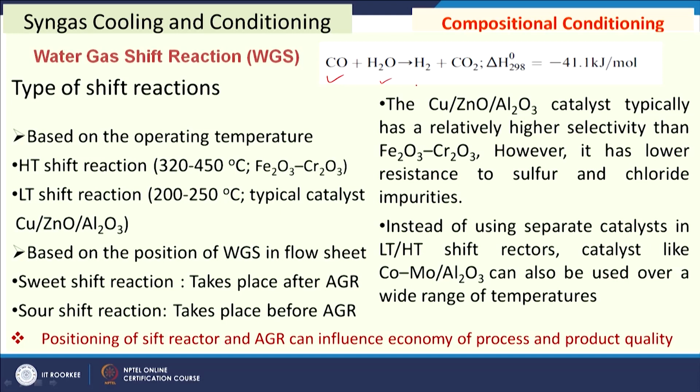Now, after the removal of the acid gas, we will see how the CO to H2 ratio is maintained, or how the H2 concentration in syngas can be increased. That is done by the shift reaction, the water gas shift reaction. The reaction is CO plus H2O, it gives H2 plus CO2, and this is an exothermic reaction. This reaction is performed in the presence of a catalyst, and this shift reaction can take place before the removal of acid gas from the syngas or after the removal of acid gas from the syngas.